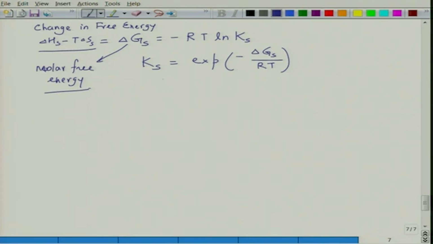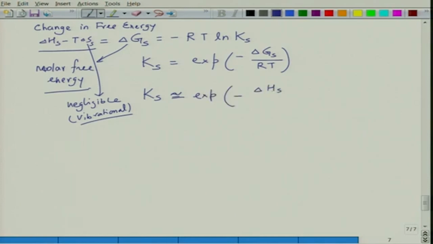So, if this is negligible, basically because it is vibrational in nature, then we can approximate Ks as exponential of minus delta Hs divided by RT, RT or KT depending upon the unit you use.